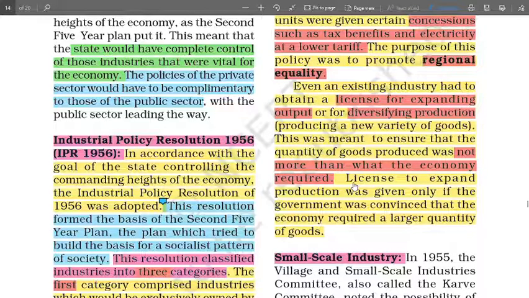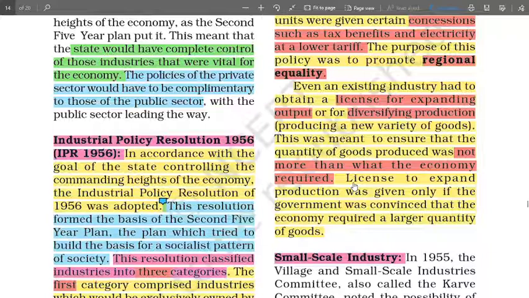A license to expand production was given only if the government was convinced that the economy required a larger quantity of goods. Unless and until the government was satisfied that there is really a demand in the market to increase the goods, it would not allow the private sector to increase more.